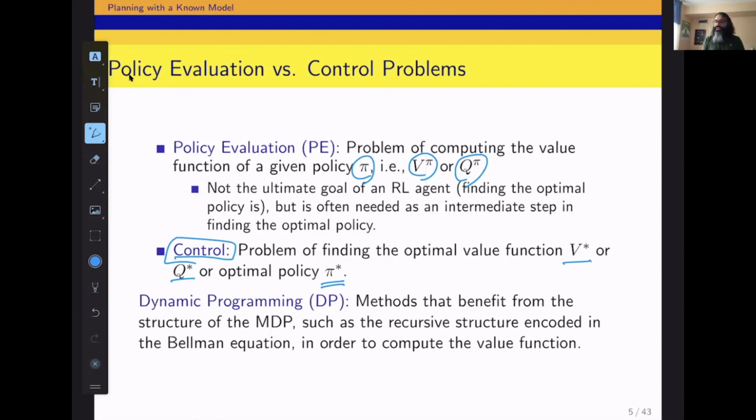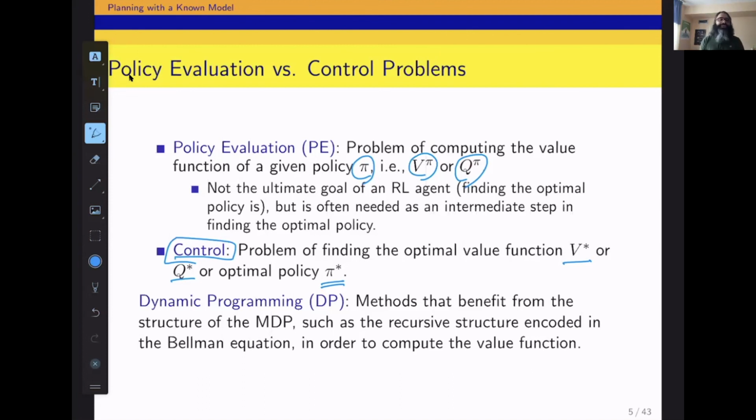I also want to mention dynamic programming. Roughly speaking, dynamic programming methods benefit from the structure of the MDP, such as the recursive properties we had in the Bellman equation.